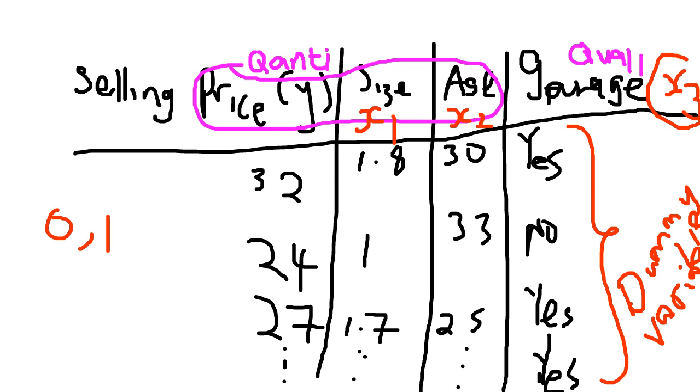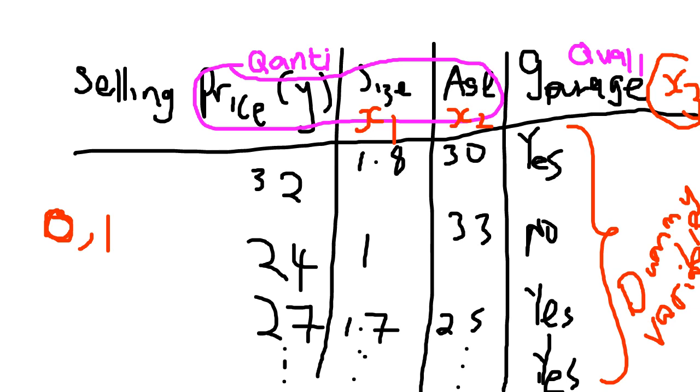Let me explain the importance of this 0 and 1. Usually we place 1 when it indicates the presence of something, and 0 when it represents the absence of something, in a case where it makes sense.